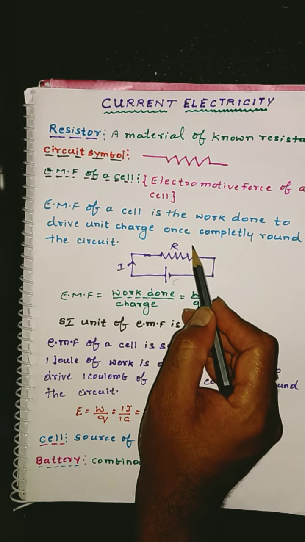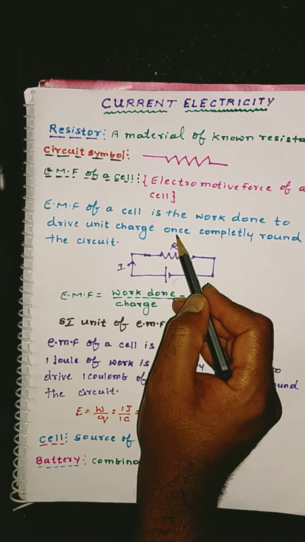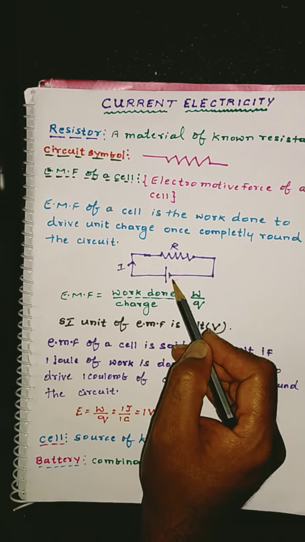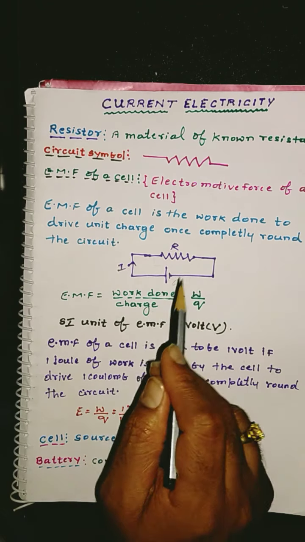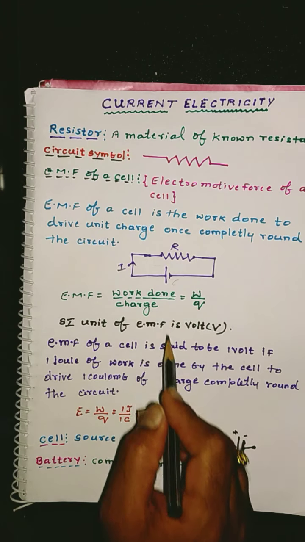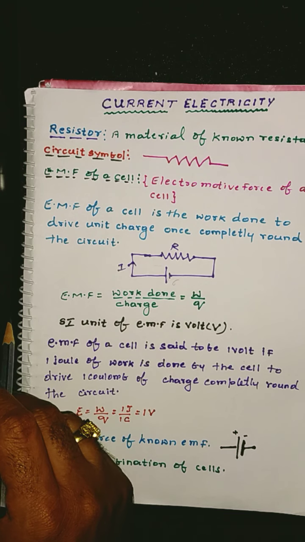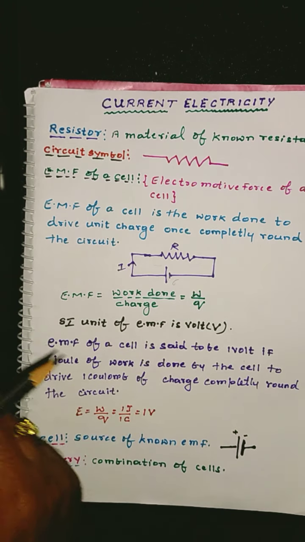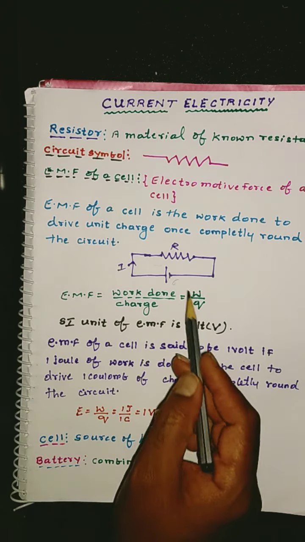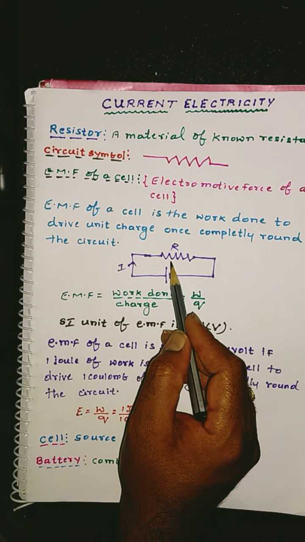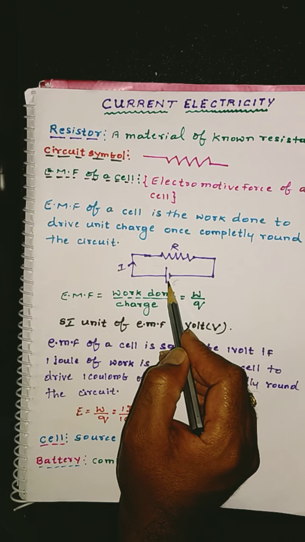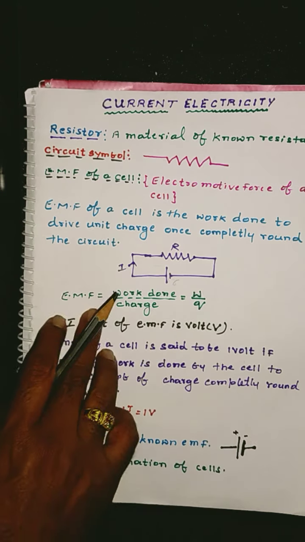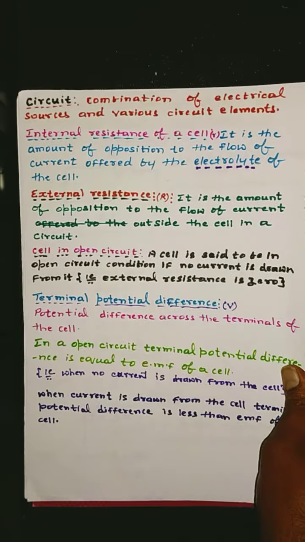This represents the amount of opposition for the flow of current outside the cell in the circuit. So remember, for the flow of current in a circuit, two types of opposition would always be there. One is the opposition outside the cell, that is called external resistance, and the other one is the opposition inside the cell, that is called internal resistance.